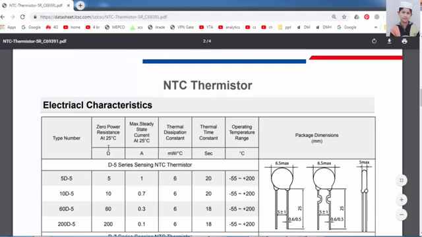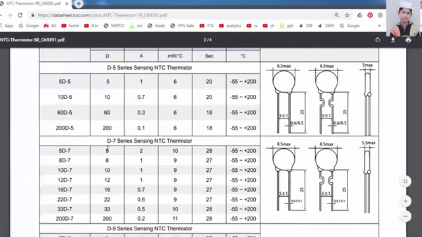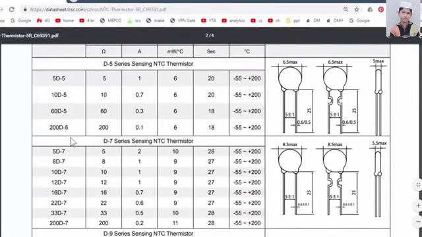Here parameters are written: type number or part number, zero power resistance at room temperature 25 degrees centigrade, maximum steady state current, thermal dissipation, thermal constant and temperature range.